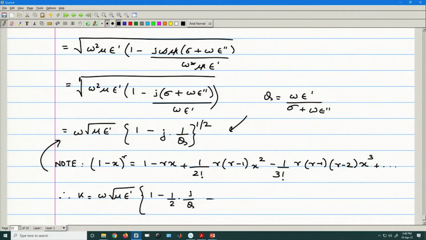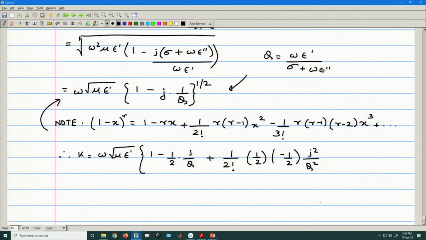Then plus 1 by 2 factorial, r is half, r minus 1 is half minus 1, so it will be minus half, and x square, so x square will be j square by q square.